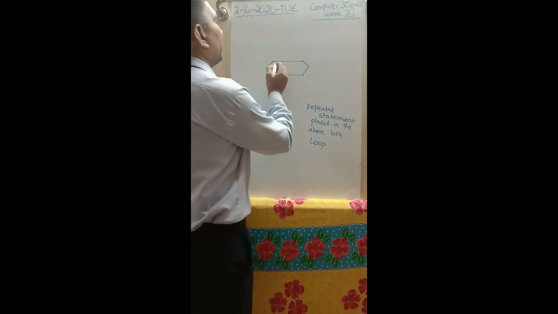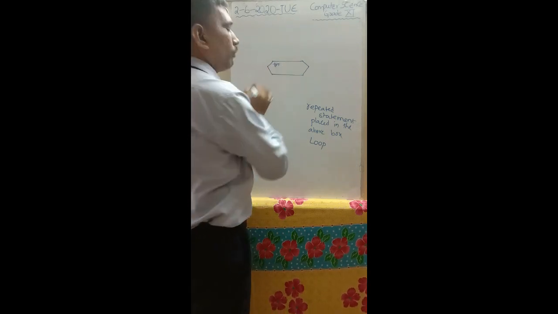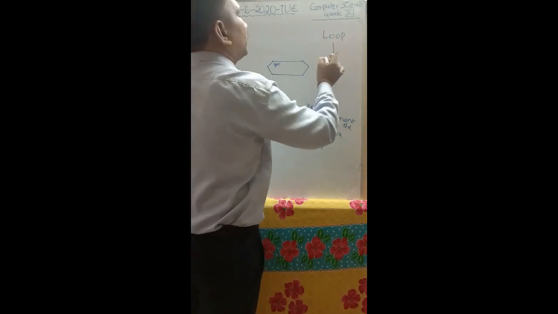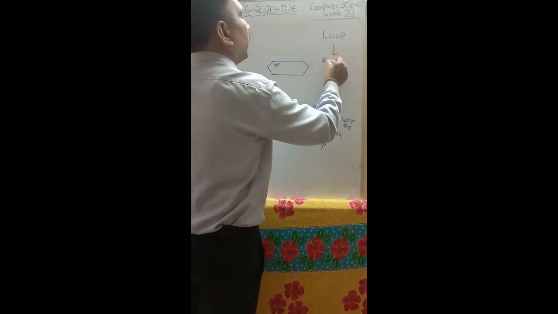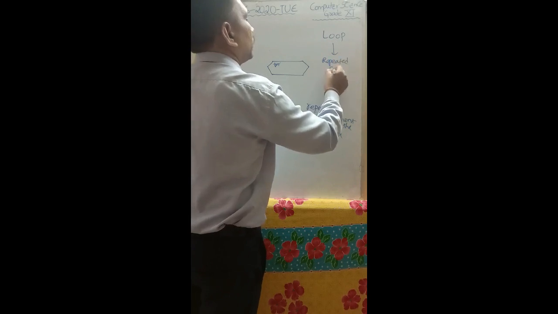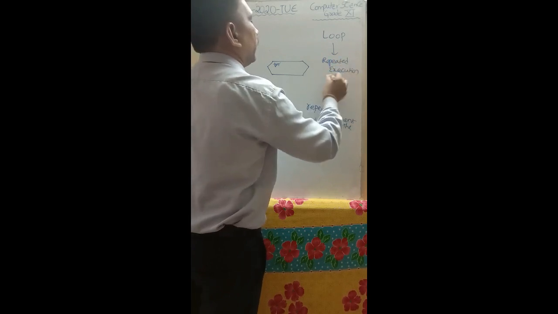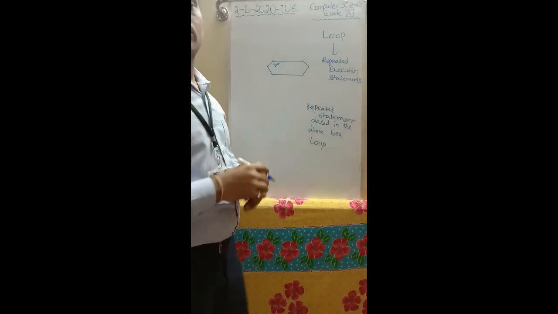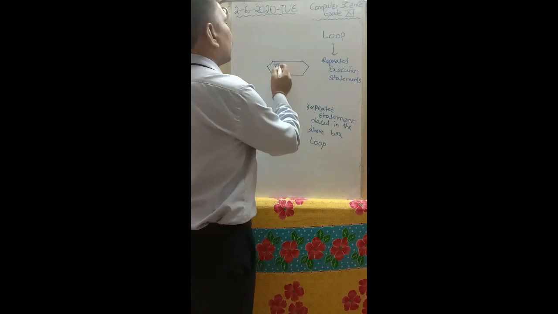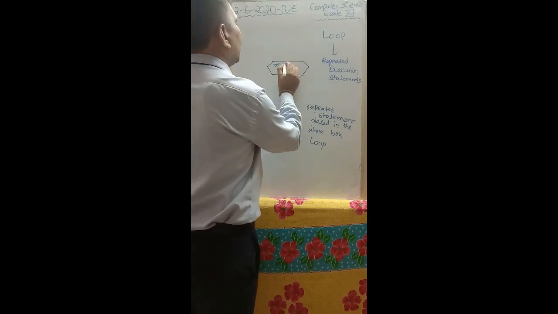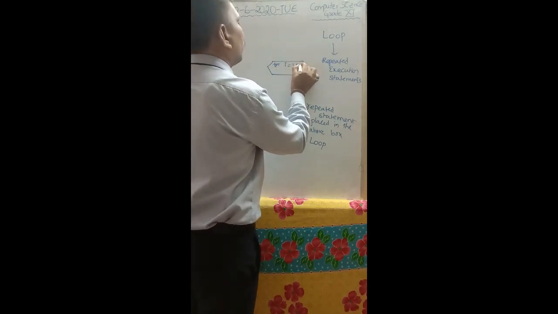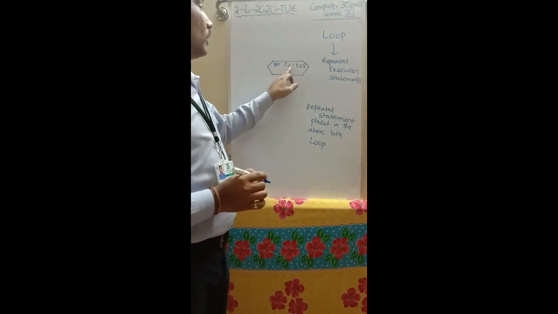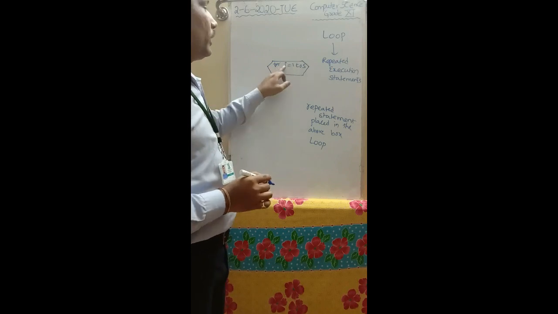Here I am writing a for loop. Loop means repeated execution of statements. For I is equal to 1 to 5, here I is equal to 1, and I is a variable.